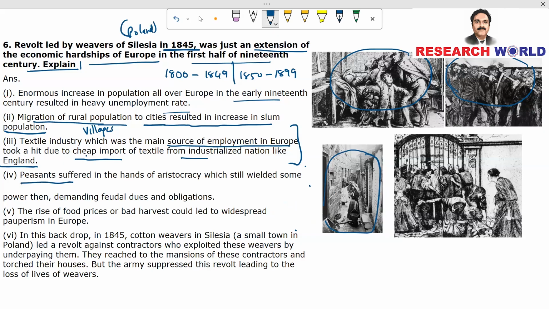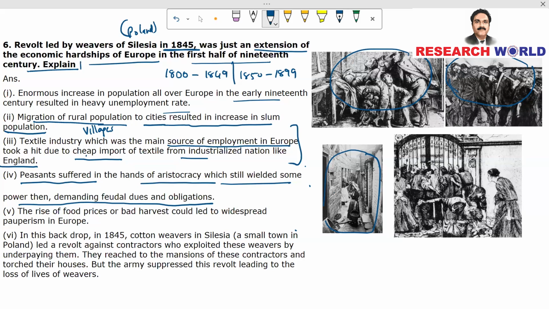Peasants suffered at the hands of aristocracy, which still wielded some power then, demanding feudal dues and obligations. To make things worse, the peasants who were at the receiving end suffered again. The reason?